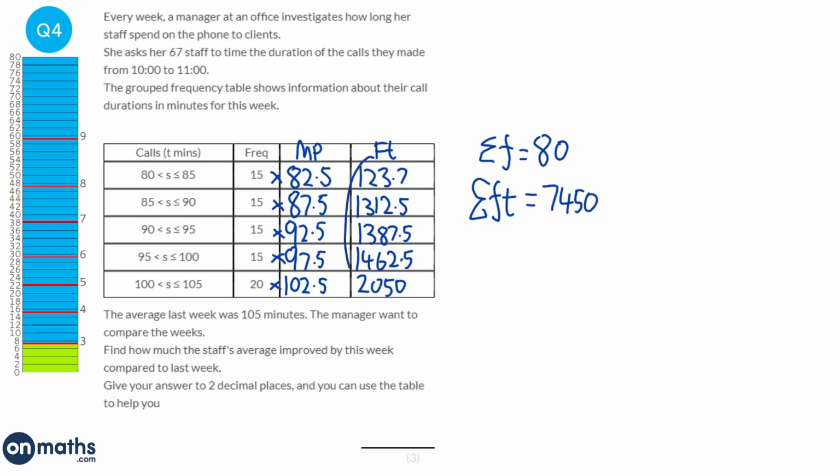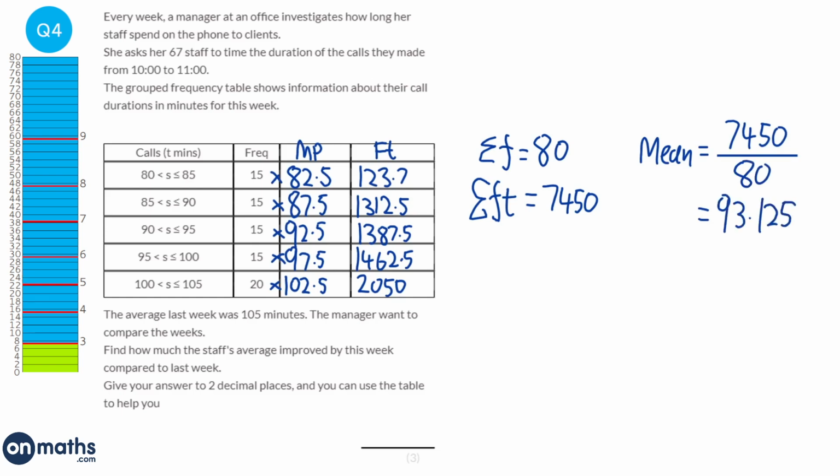So what this column represents is all the numbers added up together. This column represents how many numbers we have. So to find the mean, it's all of the numbers added together, which will be 7,450, over the amount of numbers we have, which is 80.